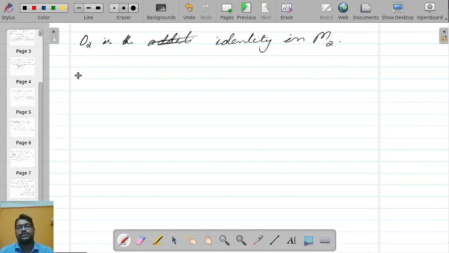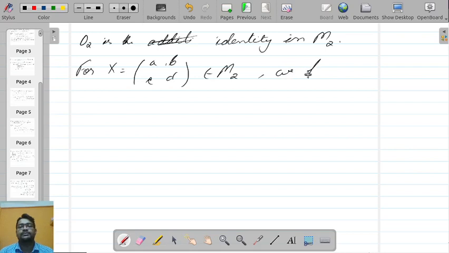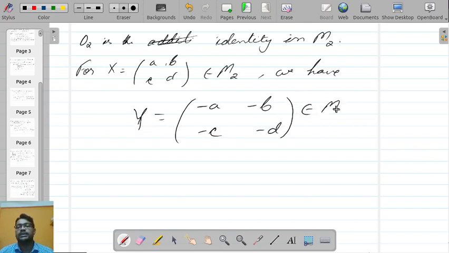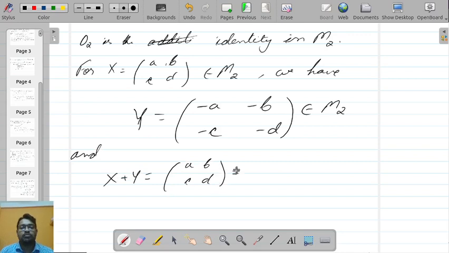Next we have to think about the inverse, the inverse of each element. Now for x equal to A, B, C, D inside M2, if we make these elements negative, that is, if we change their signs, this matrix y is also an element inside M2, and it satisfies x plus y equal to A, B, C, D plus minus A, minus B, minus C, minus D. So what do you get?